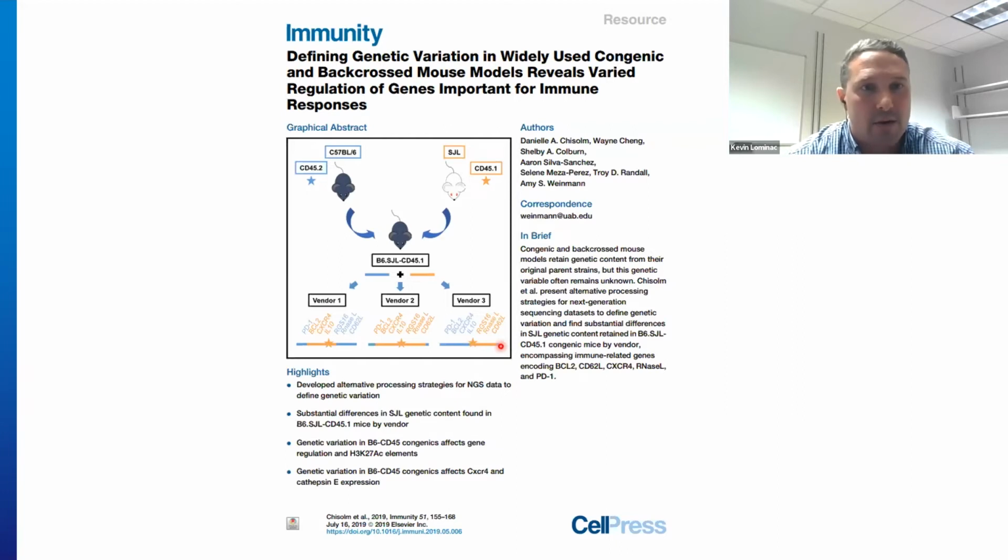So if you're looking here at this schematic of what they found, what I think the immunological community will quickly recognize is there are some really important genes in that region. There's PD1, there's CXCR4, there's IL-10. So there are some genes that we know in and of themselves have an impact in how you might use these in work with immunology.